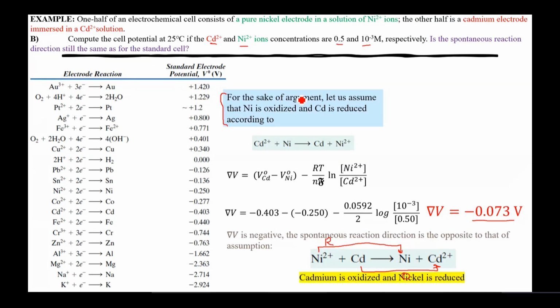Now tell me one thing. What is the relationship of natural log of x with x?